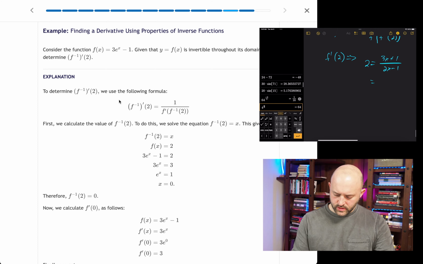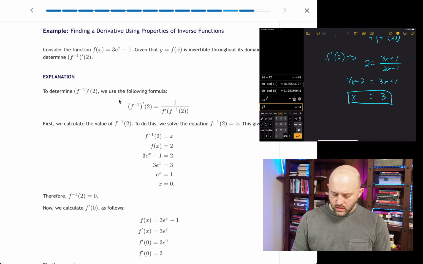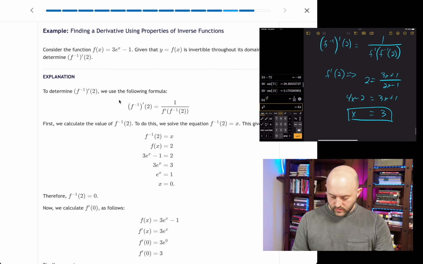Multiply both sides by 2x minus 1, which gives 4x minus 2 equals 3x plus 1, meaning x equals 3. So f inverse of 2 is 3, or x equals 3 for that.